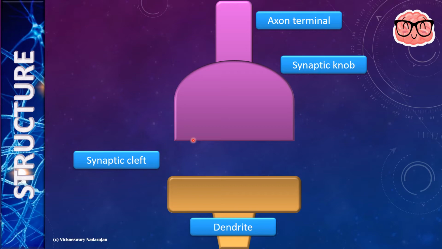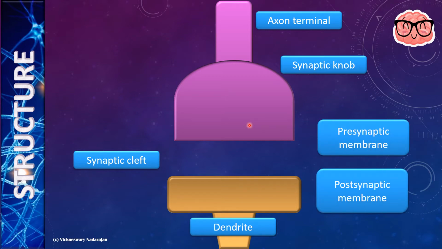The synaptic cleft is bordered by two membranes. The membrane of the synaptic knob is called the presynaptic membrane, and the membrane of the dendrite is called the postsynaptic membrane. Pre meaning before, so this is the membrane before the synaptic cleft, and post meaning after. So this is the membrane after the synaptic cleft.